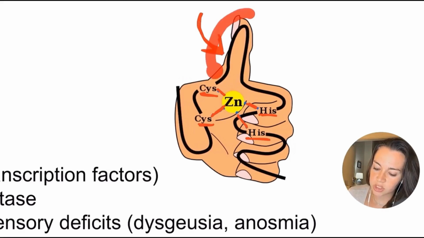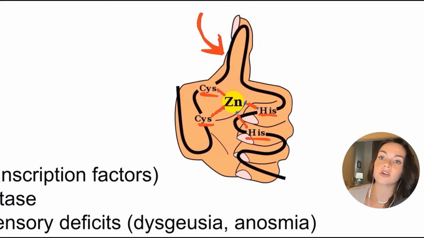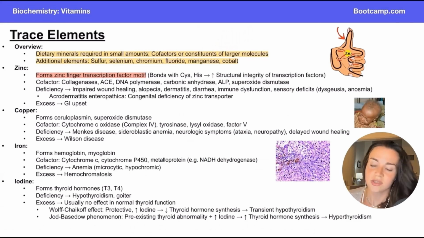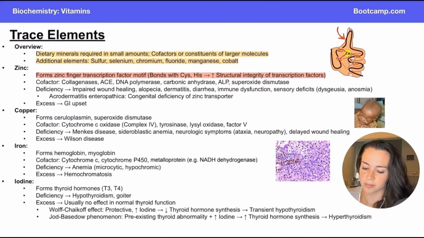And this finger-like projection, or the zinc finger, can interact with DNA and RNA and proteins. And as such, the zinc finger helps to facilitate very precise regulation of gene expression. So that's all the zinc finger really is. The zinc bonds with cysteine and histidine residues in a way that stabilizes a finger-like projection, promoting the structural integrity of different transcription factors.